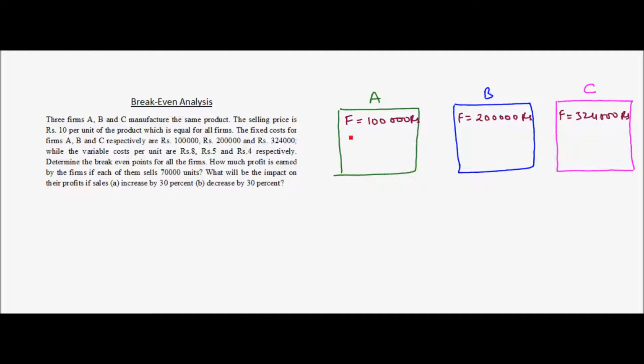So we have been given the variable cost. Variable cost for firm A is rupees 8 per unit. Variable cost for firm B is rupees 5 per unit, and variable cost for firm C is rupees 4 per unit.